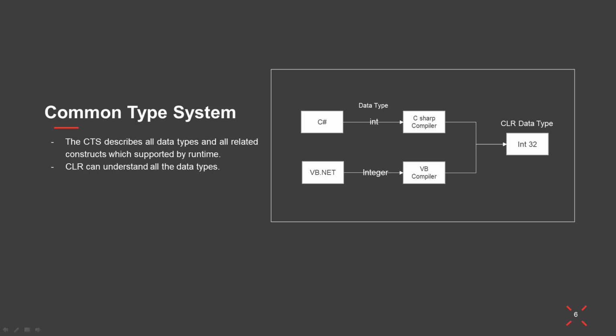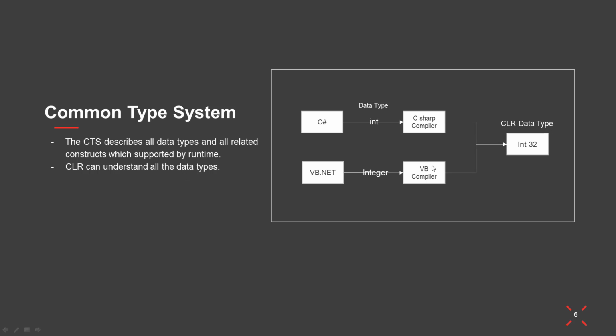For example, C# has the int data type, as you can see here, and VB.NET has the integer data type. So we have two programs here which were developed in C# and VB.NET. And as you know, int is the data type for C# and integer is the data type for VB.NET.